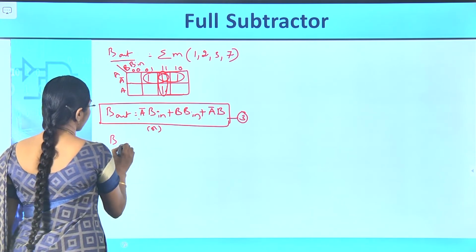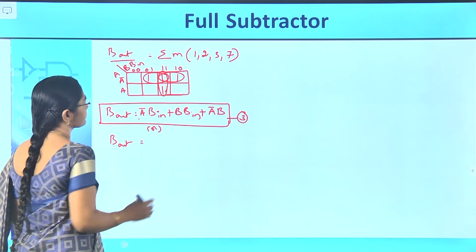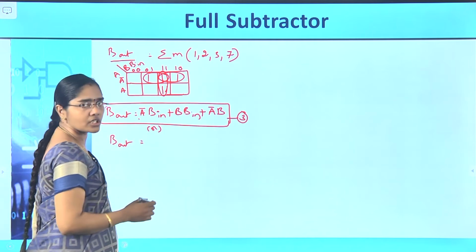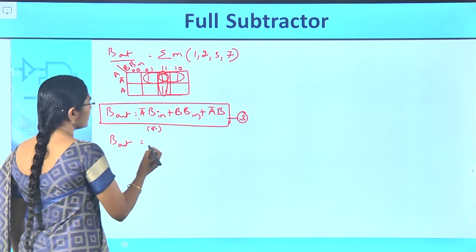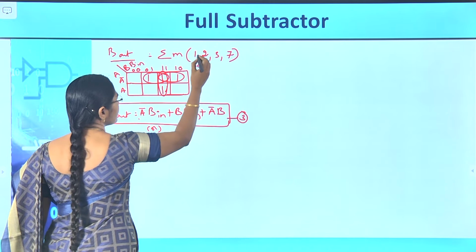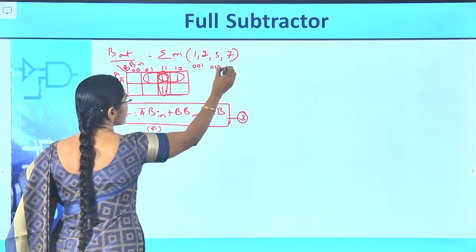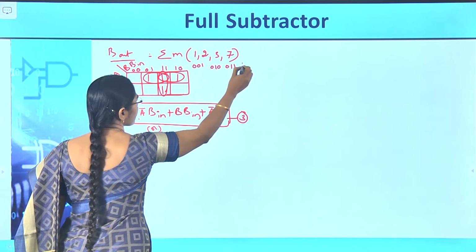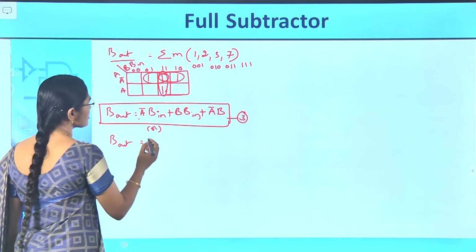So what is the actual borrow out expression? The combination of all these 1, 2, 3, 7. Okay, 1 is nothing but 0 0 1, 2 is 0 1 0, 3 is 0 1 1 and 7 is 1 1 1. Write those.